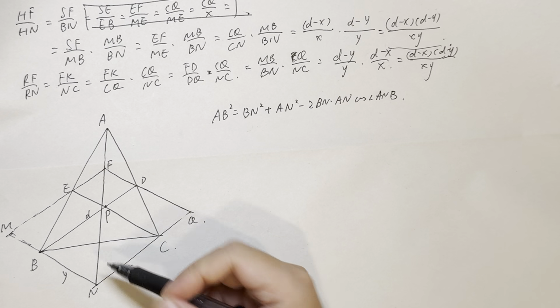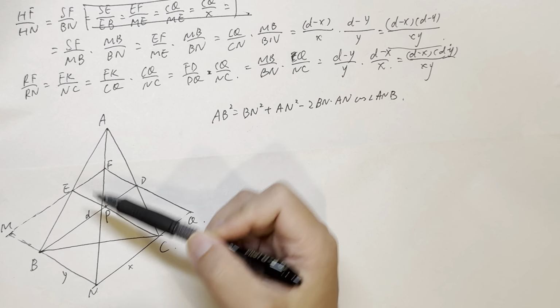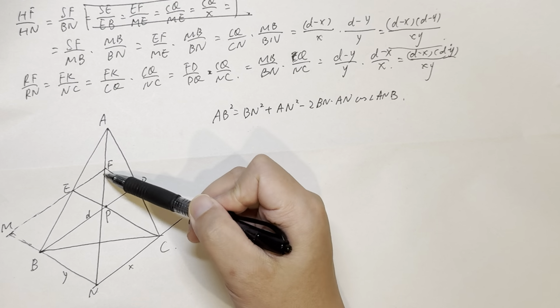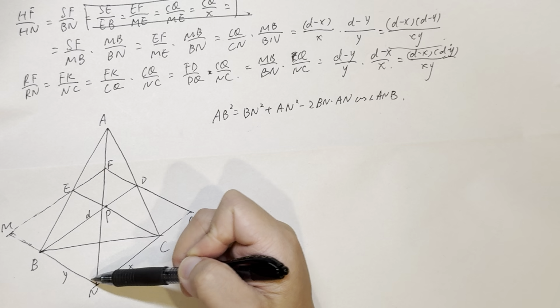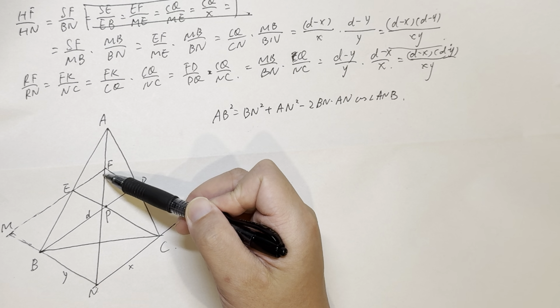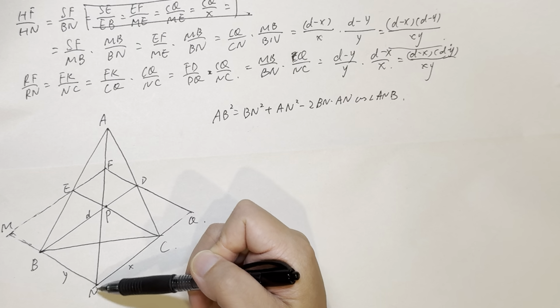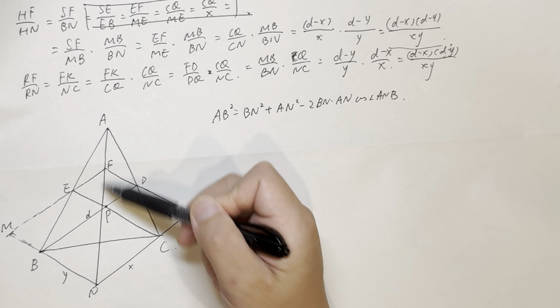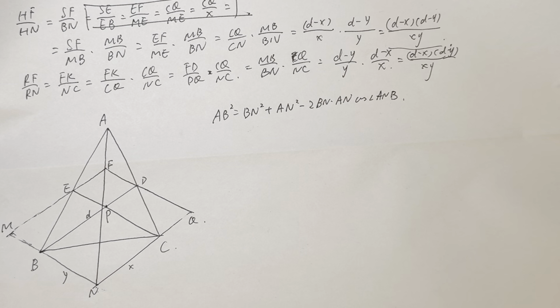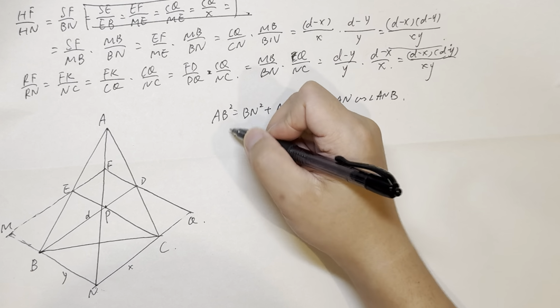So because MQ is perpendicular to FN, the cosine of angle MNF is half of FN divided by MN, right?